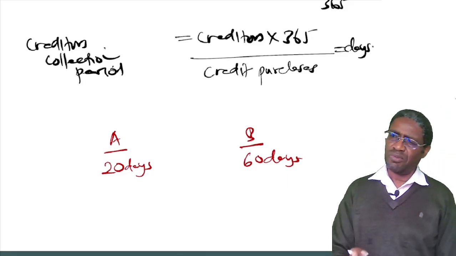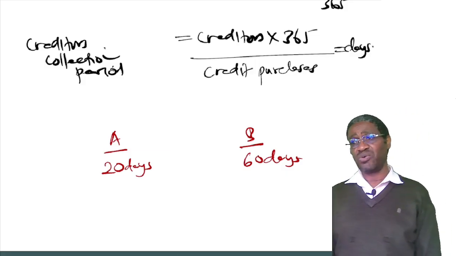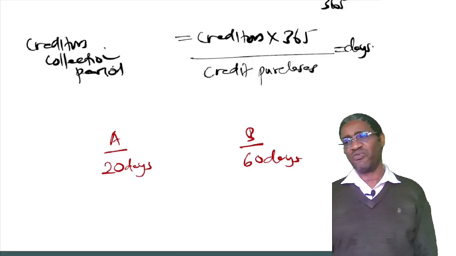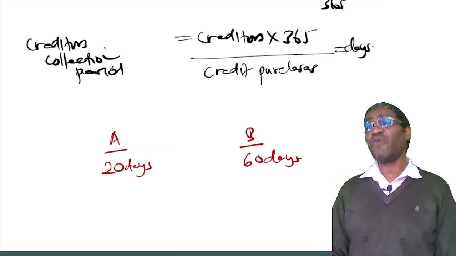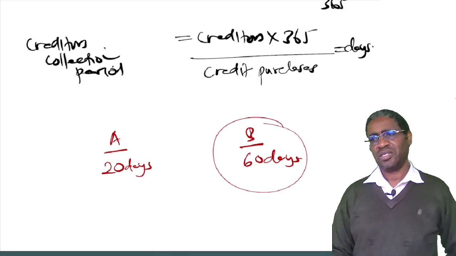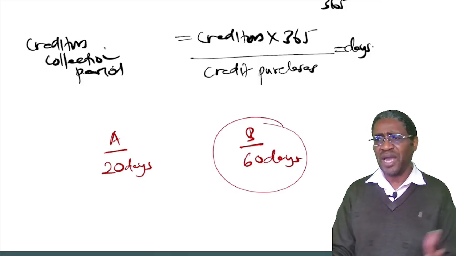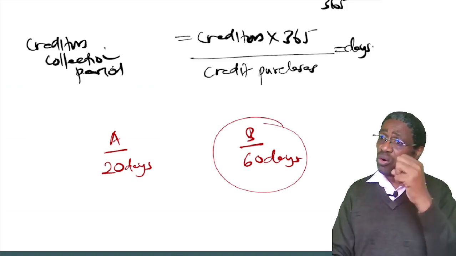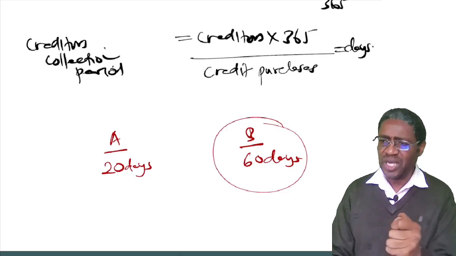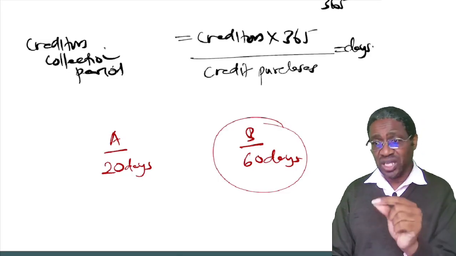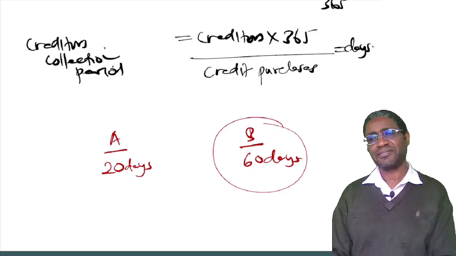Will you buy goods from company A or from company B? Obvious, you will buy from B. Why are we concluding that the longer the period, the better the firm?